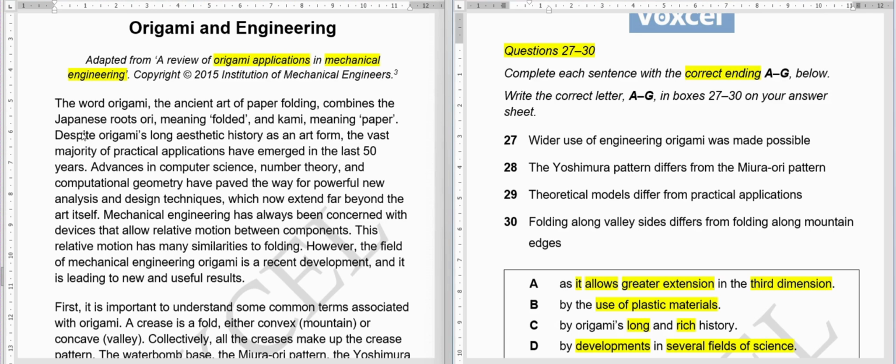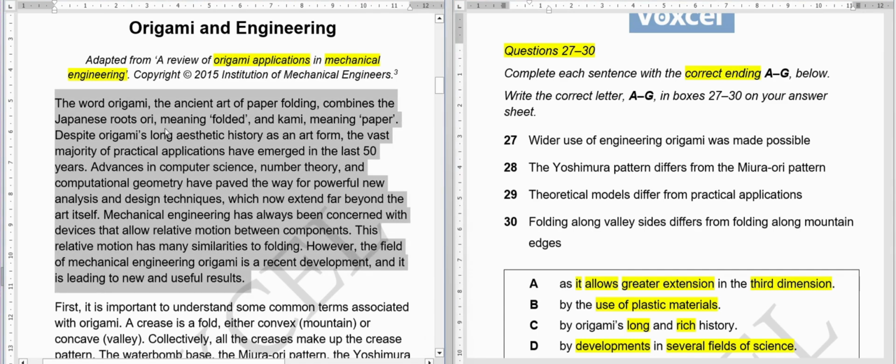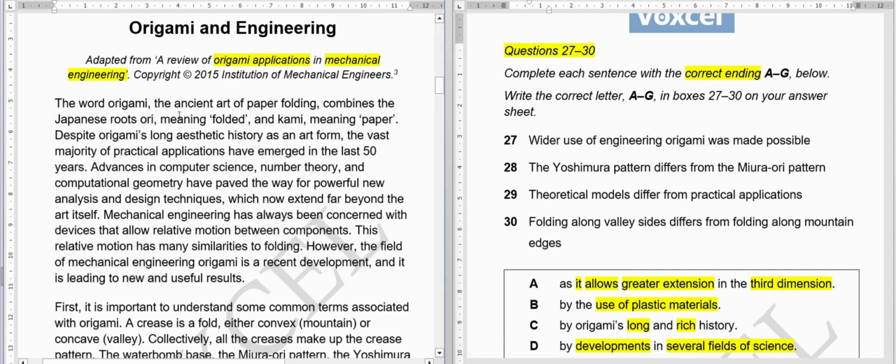The word origami, the ancient art of paper folding, combines the Japanese roots ori, meaning folded, and kami, meaning paper. So if you don't know the meaning of origami, they have told you in the first sentence itself. This word is made up of two words: ori means folded, and kami means paper. So origami means folded paper.